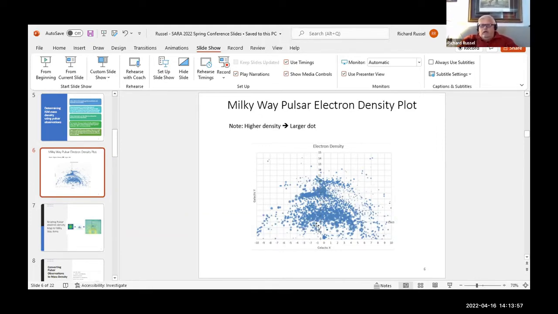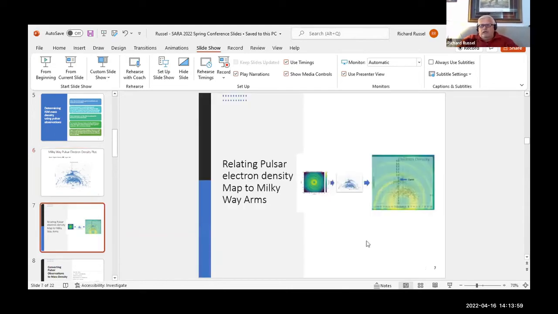But if I plot that against a galaxy map with the spiral arms, you see that it maps quite nicely, which indicates that pulsars are more prevalent in spiral arm regions. That makes sense because that's where most of the stars were, and the pulsars were formed from most of the stars. So that does make sense from an astronomy point of view.